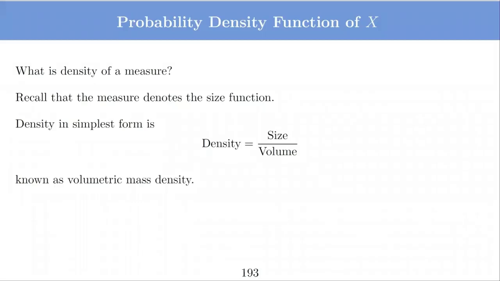Someone can say that if you have a big ground, if I take any region, I want to know how much grass is in it. The area can be bigger in terms of its length times width. So you can take a region which has a bigger area, but it may not have any grass. So it will be a zero measure. And a small area which has some grass will have a non-zero measure.